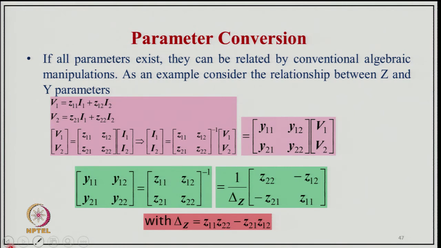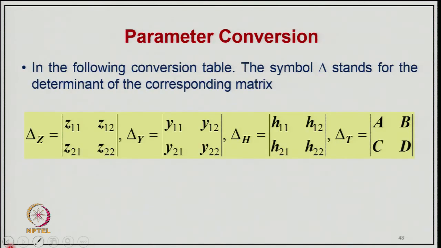This is the conversion from Z parameters to Y parameters. In the following conversion table, the symbol delta stands for the determinant of the corresponding matrix, that is, delta Z equal to the determinant of Z11 Z12 Z21 Z22.